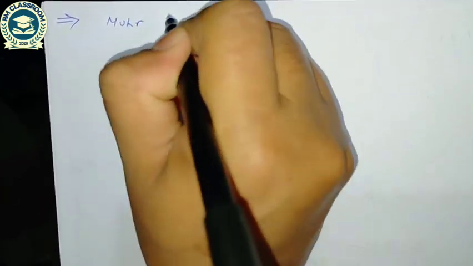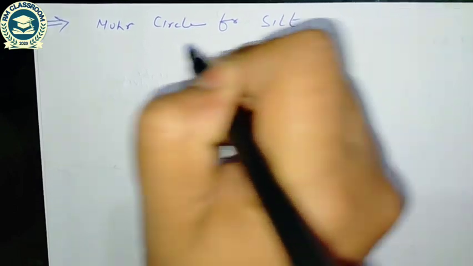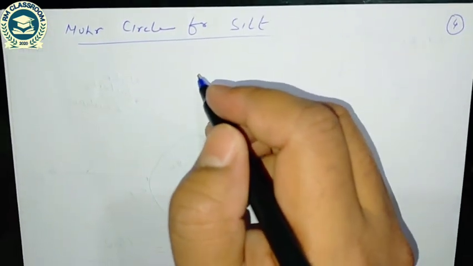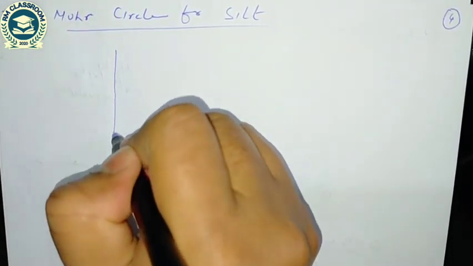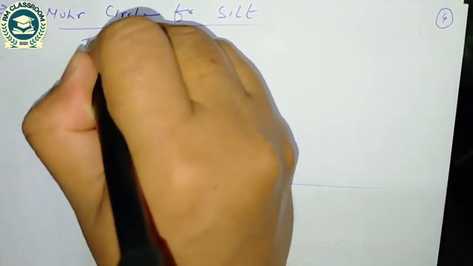Similarly, if I draw the Mohr circle for silt, in this condition both cohesion and angle of internal friction will exist. So this is the more practical case. This is the shear strength.